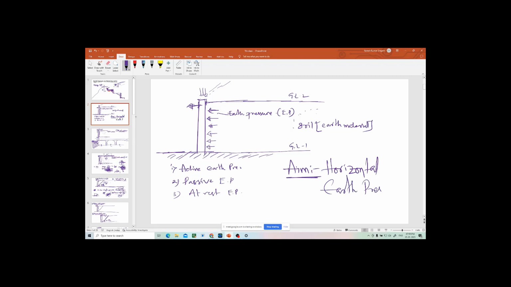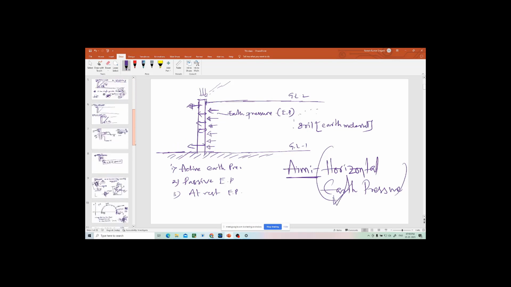If you know the horizontal earth pressure, then you will design the wall according to the pressure. You will give the thickness, you will give reinforcement, that is steel rods inside it. So you will design the wall according to this much horizontal earth pressure. So this is the aim.